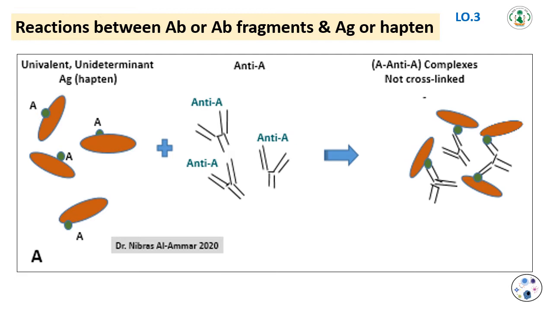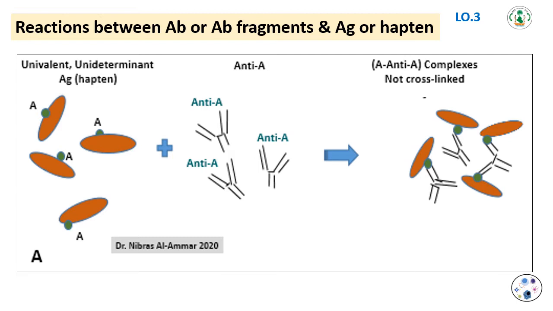When the univalent, unideterminant antigen, the hapten, binds with antibody, the antibody specific to epitope A, anti-A, will bind with this epitope.